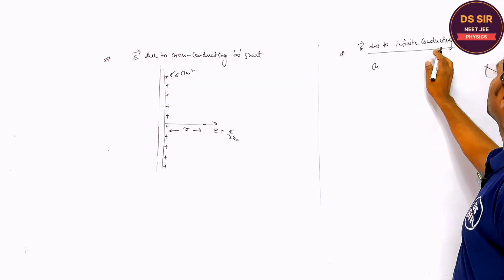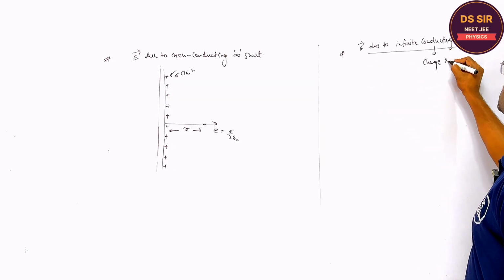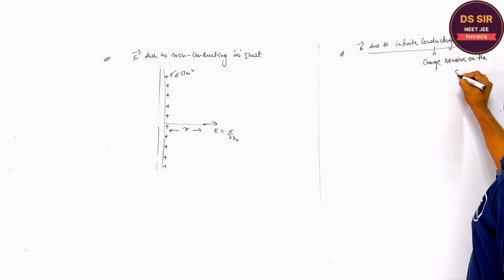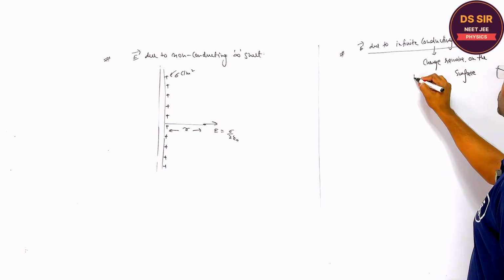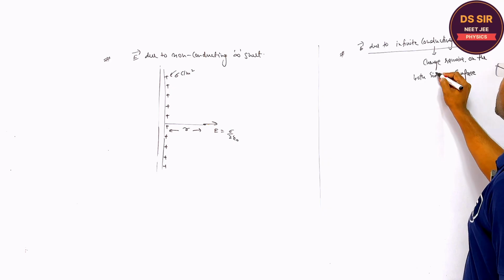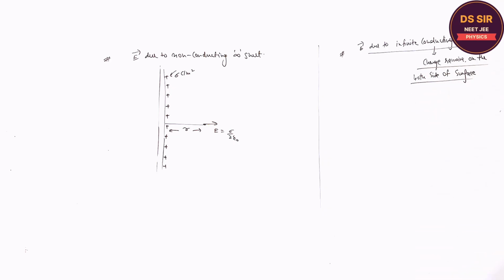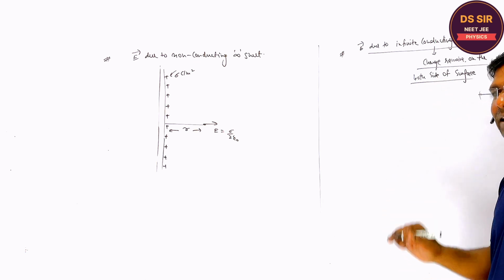The property of the conducting sheet is that charge remains on the surface, on both sides of the surface. You understand or not? Both sides of the surface, no charge is present inside the conducting sheet.